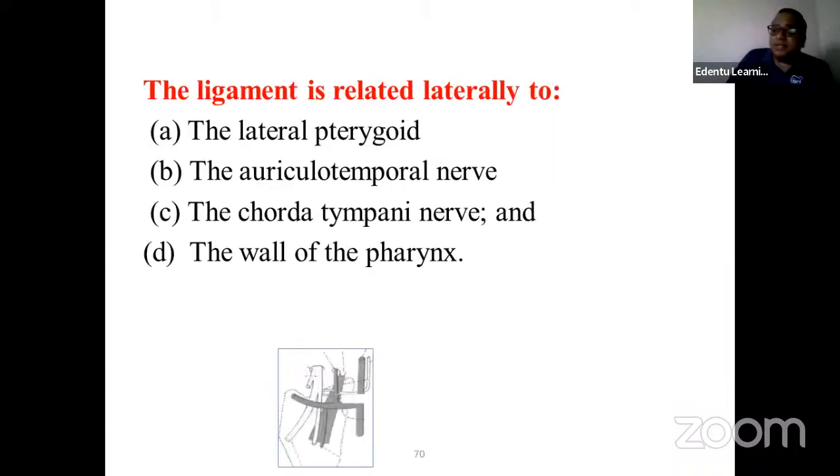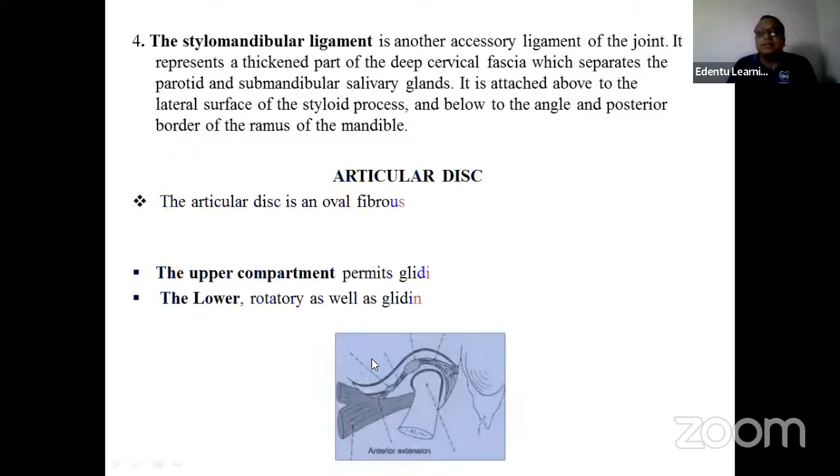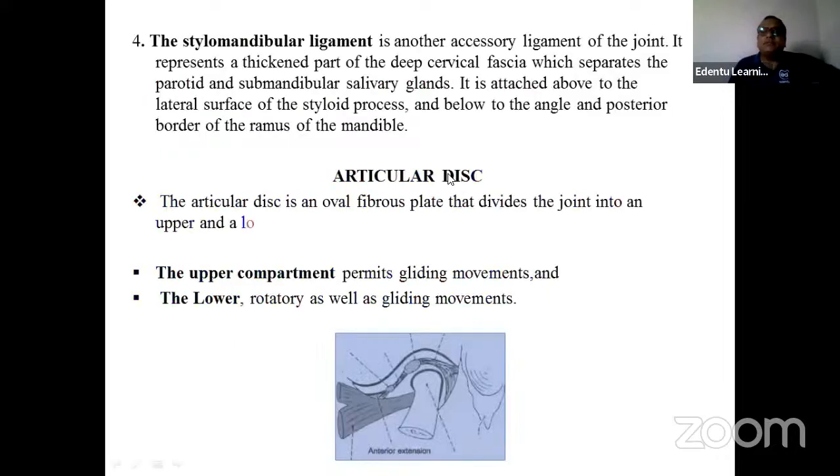The relations of the ligament will be in this diagram in your books: lateral pterygoid, auriculotemporal nerve, chorda tympani nerve, wall of the pharynx. All those things you can have a read. Then comes the 4th ligament, that is your stylomandibular ligament. So the joint capsule is very simple.